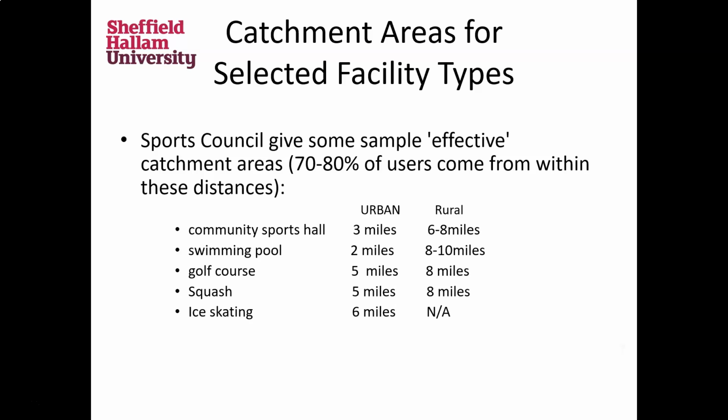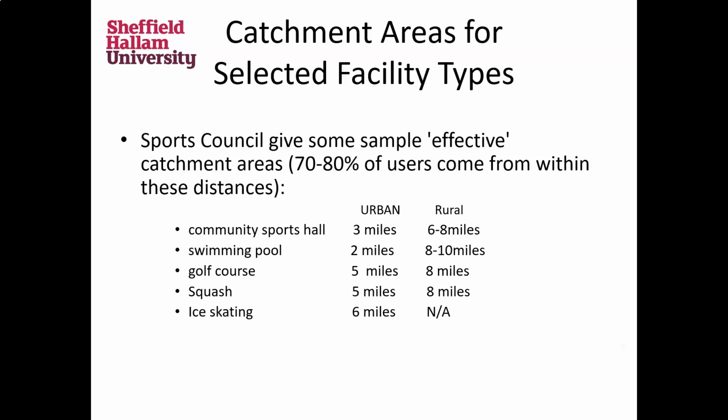They give some examples of effective catchment areas. This is based on user surveys at facilities over many, many years and many different kinds of facilities, where people are asked, what's your postcode, and a catchment area is mapped, or they are asked, how far have you travelled today, or how long have you travelled here today to use this facility.